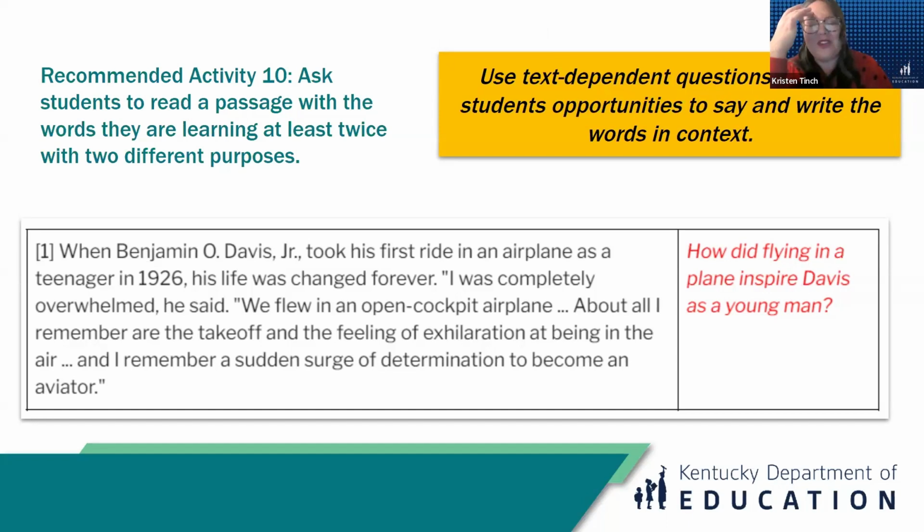So finding ways to give students different purposes for reading, and maybe that first purpose is just to decode the multisyllabic words, right? That's a great purpose for reading. Find those words, decode them. And then giving them text dependent questions that have them using those words again. Because guess what? Kids need 10 exposures to words to really own them. We'll talk about that in session 4.